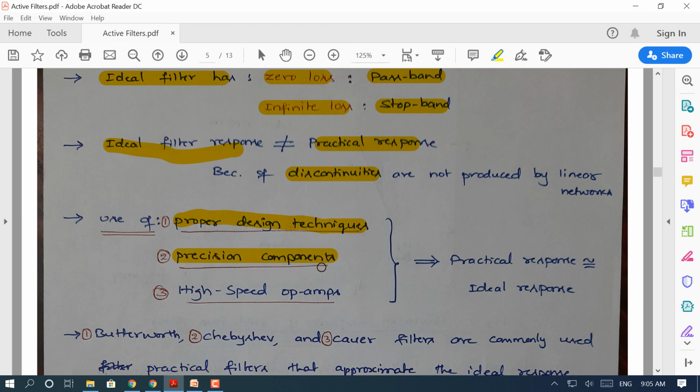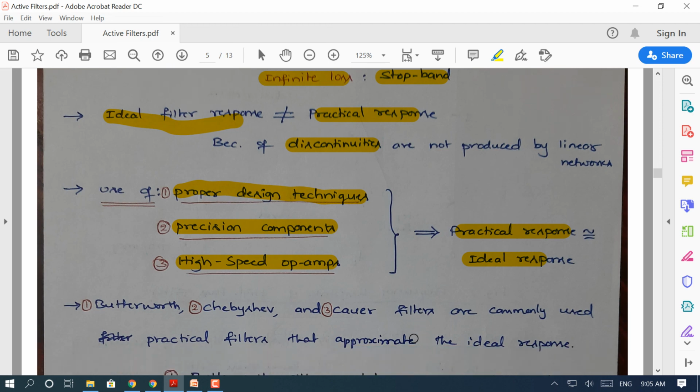Use of those components can certainly bring our filter's practical response closer to the ideal response. The third method is use of high speed op amps. We already mentioned two types of op amps which have high slew rate and high unity gain bandwidth. Using those op amps in our filter circuits can certainly make our practical response the same as the ideal response.